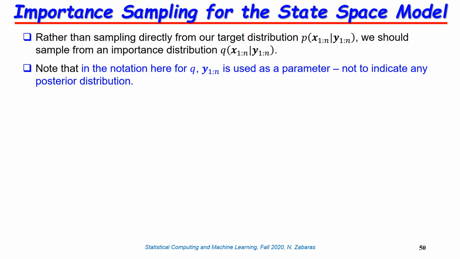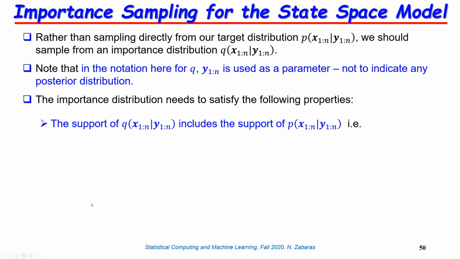So you can use information from your observations to come up with an optimal, if you like, importance sampling distribution. So again, this is not a conditioning. This is to indicate simply in Q that there is dependency on the observations y's. I remind you that the only assumption I want to make on Q is that the support of Q includes the support of pi, and we said this implies that Q needs to have heavier tails than the target distribution.